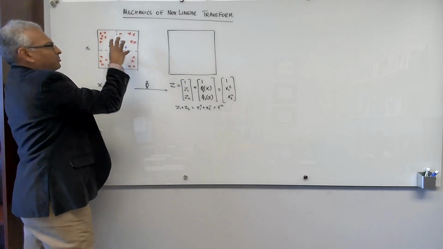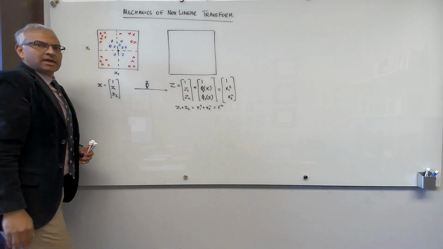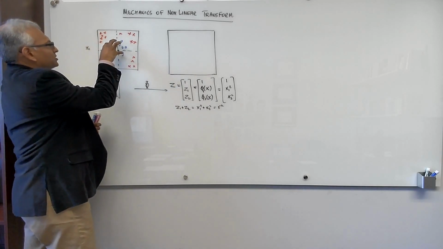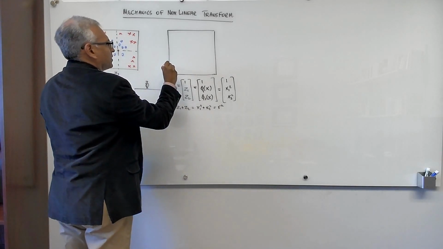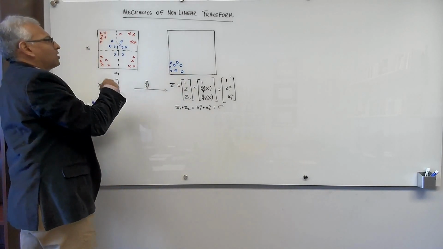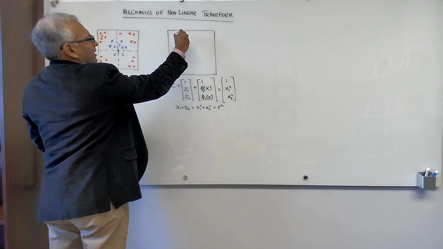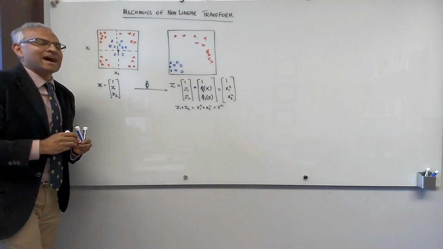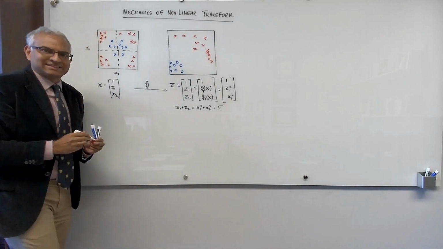Okay, and the red points will be above that threshold, and the blue points are all close, so they'll be below. So these blue points will all map somewhere here. Okay. And these red points will all map somewhere here. Okay. Look at that.